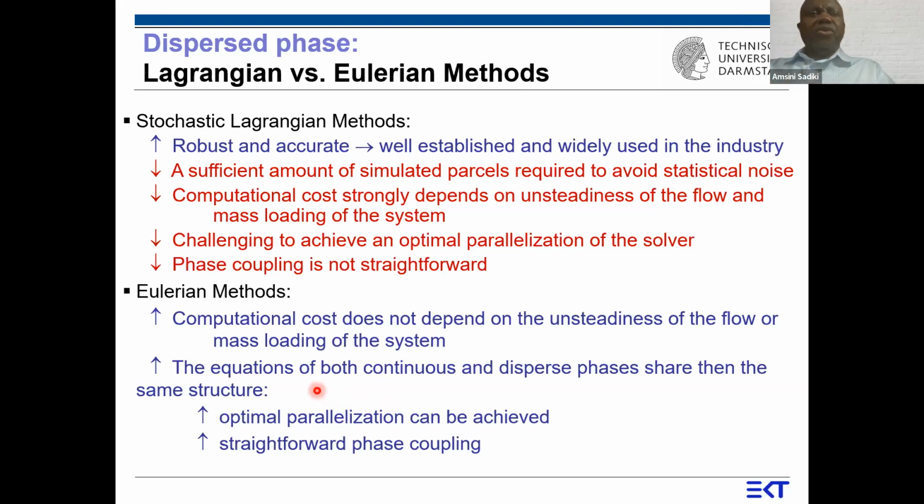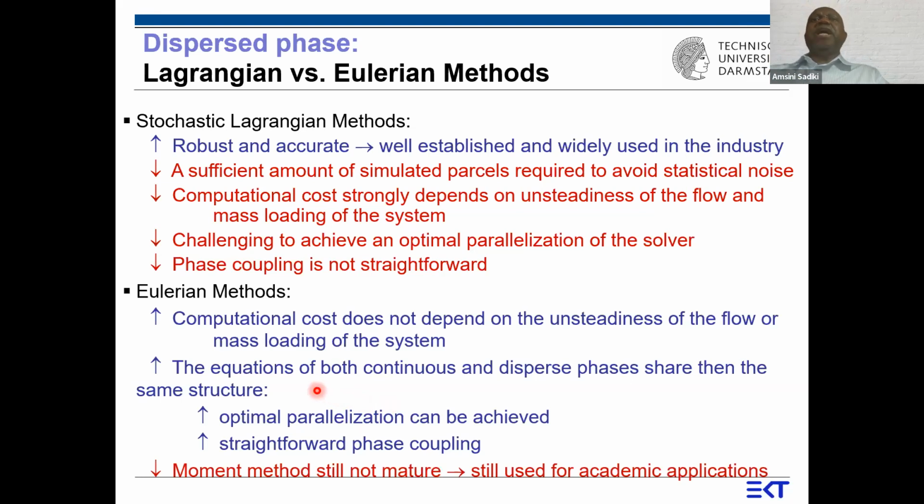We have naturally a way to do it using the transported PDF, and it is what we are also trying to do. And we can also have a coupling of Eulerian and stochastic fields. That is what we are trying now.